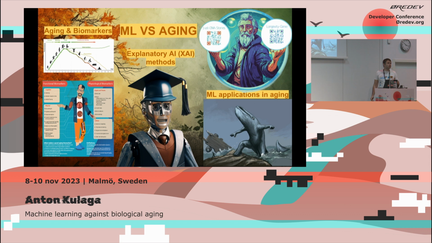Whales can live more than 200 years, just for those of you who don't know. And also going from explainable AI to the mighty AIs that can explain stuff to us, and having this longevity genie helping us with our research.